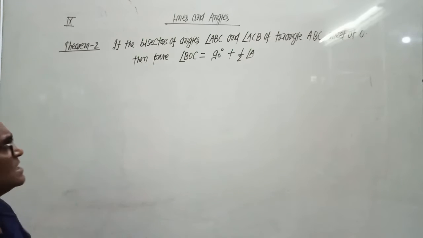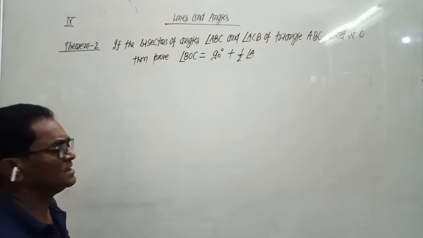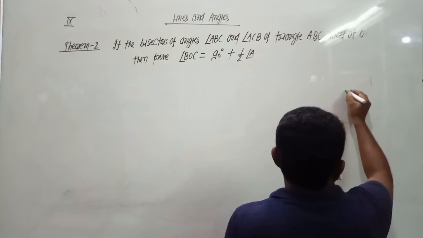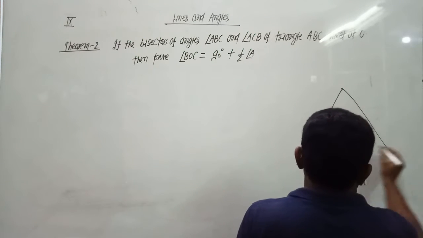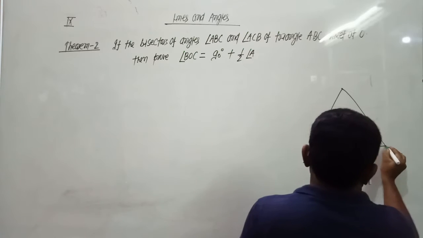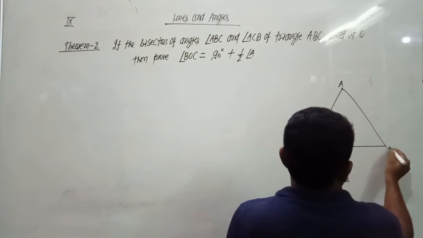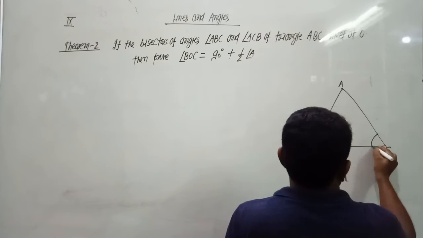If the bisectors of angle ABC and angle ACB of triangle ABC meet at O, there is a triangle ABC and bisector of angle ABC.